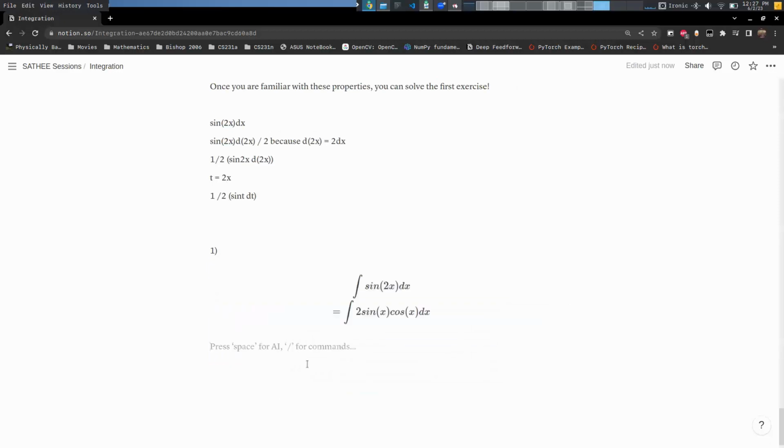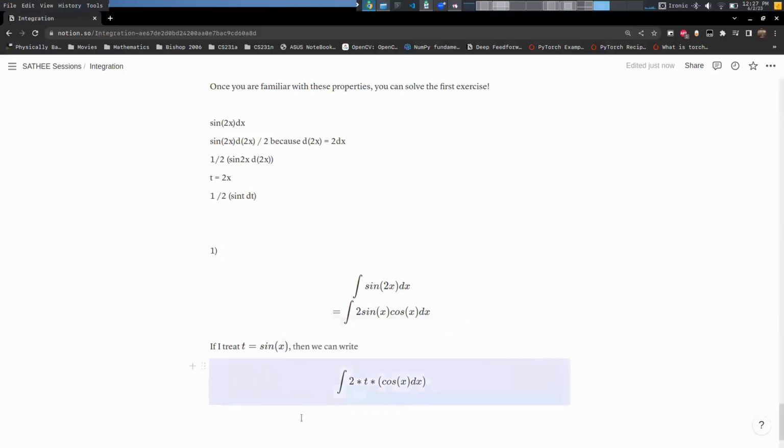Now, if I take some variable t, so basically t is equal to sine x, for example, then we can write the integral of 2 times t, where t is sine x, into cos x dx.